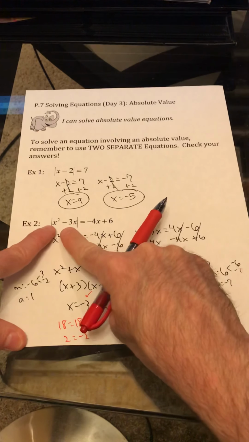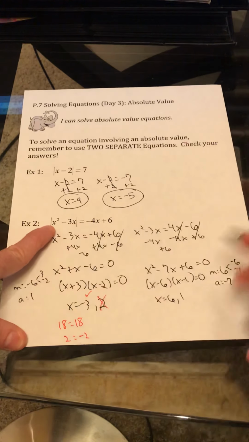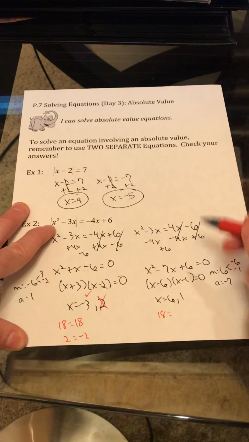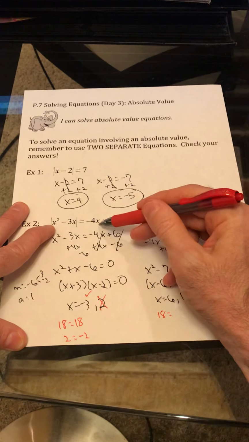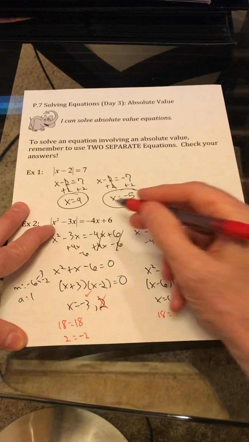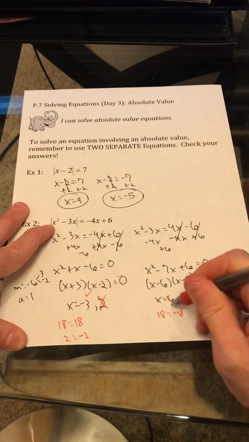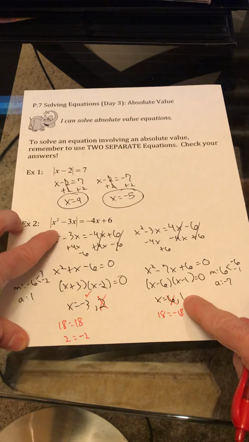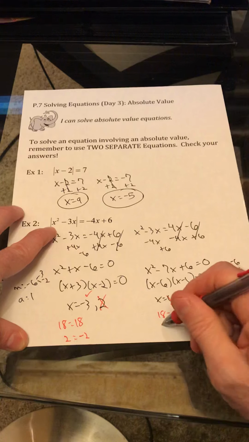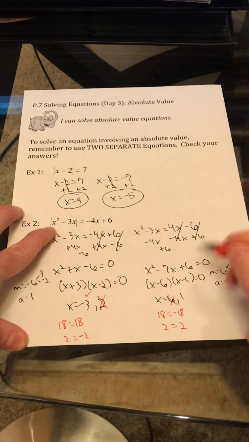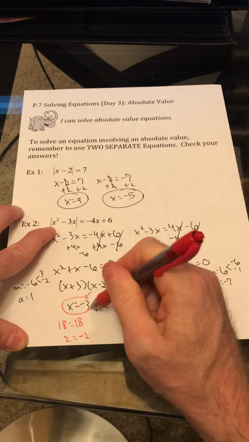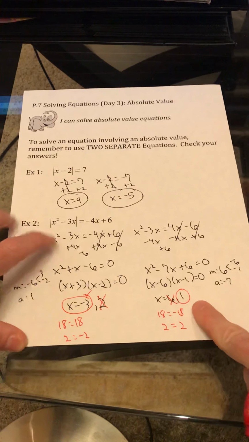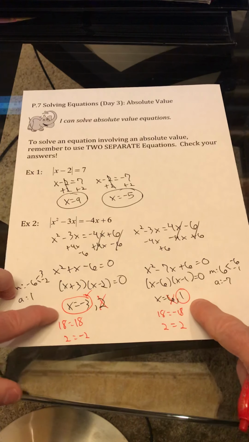When we plug 6 in, 36 minus 18, so 18 equals negative 18, so the 6 does not work. And then when you plug the 1 in, you get 2 and 2. So negative 3 and 1 are our two solutions.